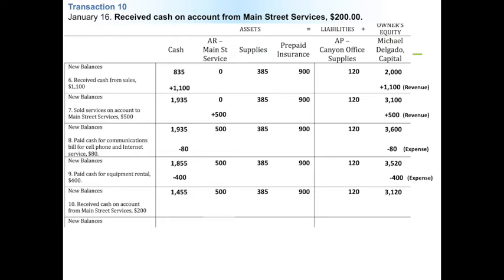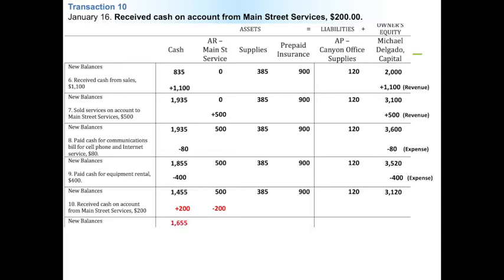On the 16th, you received cash on account from Main Street Services, $200. Receiving cash will cause your cash to go up, so we will add $200 to our cash. Main Street Services owed you $500. They are paying you $200, so their account is going to go down by $200.